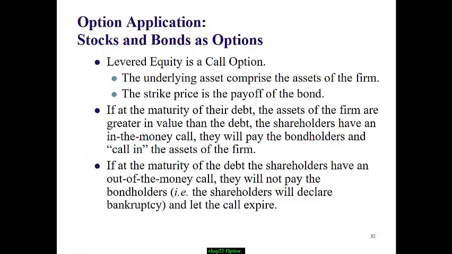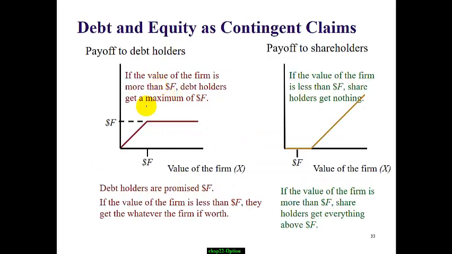The main application of Black-Scholes in the corporate finance setting is viewing levered equity as a call option. The underlying asset is the total asset of the firm, and the strike is set at the payoff of the bond. The idea is that when the company is doing well, the total cash flow is greater than the face value of debt.